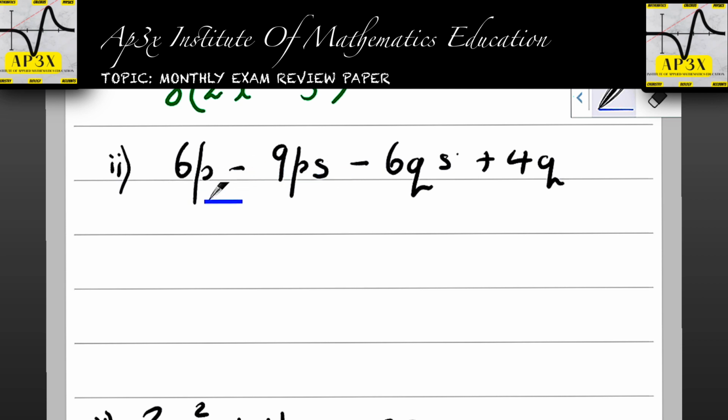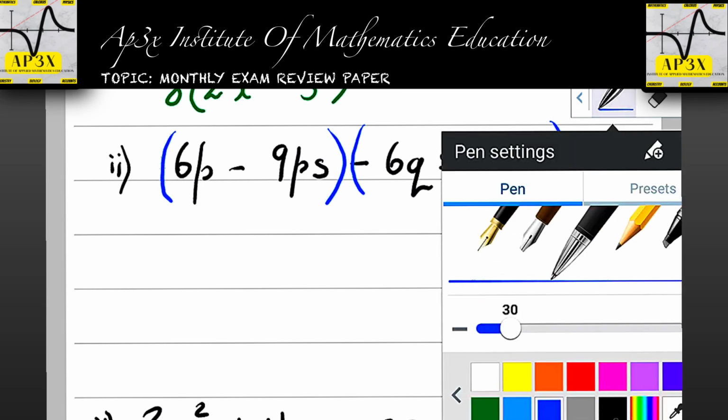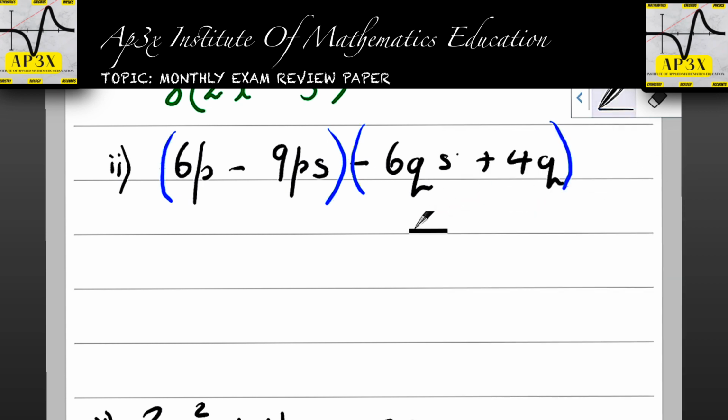In this case, I can group them by p's. So I'm going to put a bracket here and a bracket here. And then I'm also going to be grouping these 2 over here by q's. Now in this bracket here, we're going to be factoring the 2 blue brackets separately, and in the next line we should automatically end up with 2 things in the same bracket here.